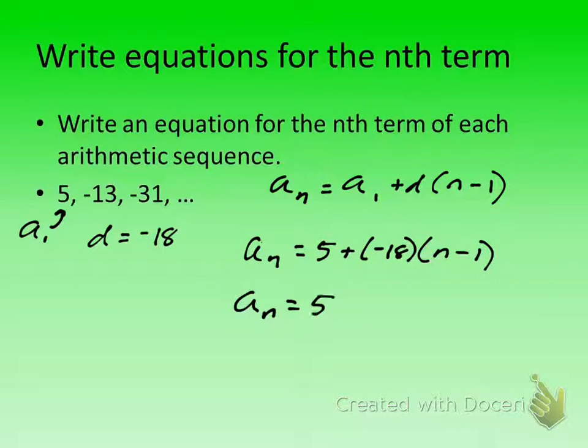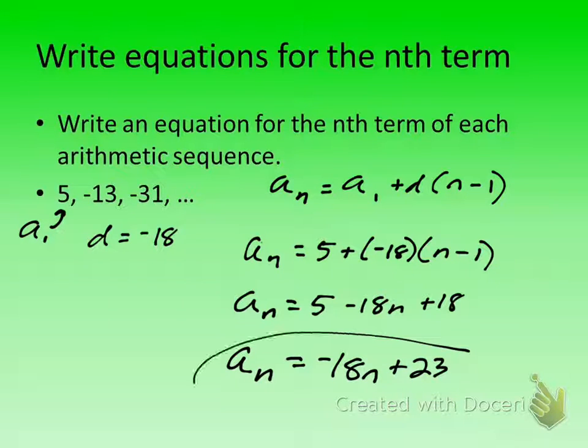Distribute that negative 18, so 5 minus 18n plus 18, and then combine like terms. So A sub n equals negative 18n plus 23.